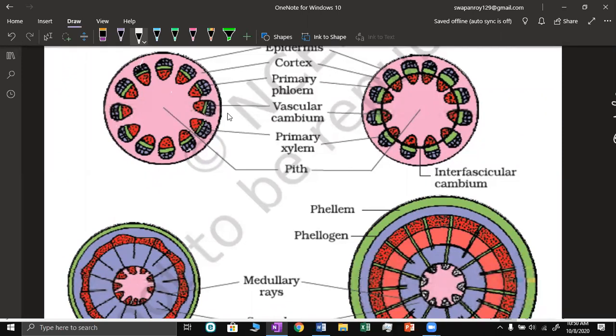This cambium is written here as the vascular cambium. This vascular cambium we also call fascicular cambium.